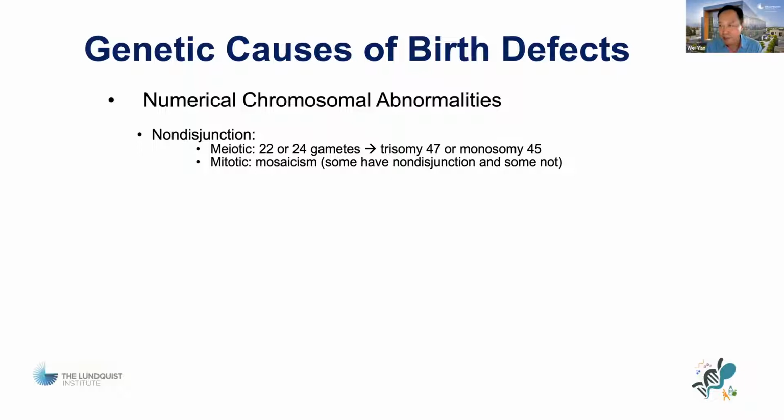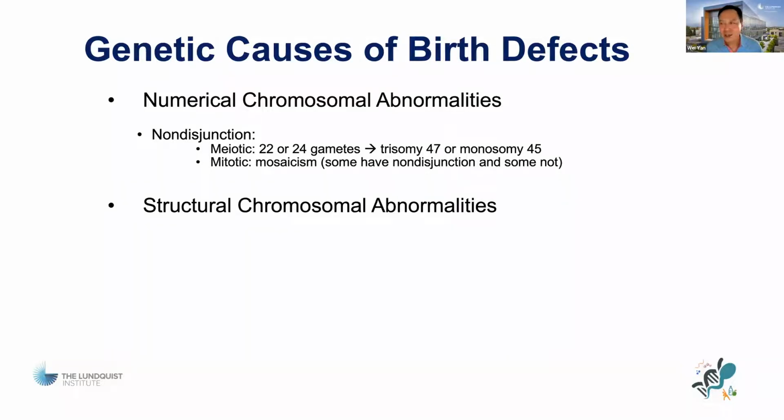If it happens during meiosis, the abnormal number of chromosomes remains in the gametes, either sperm or oocyte. If a sperm fertilizes an egg with an abnormal number of chromosomes, or vice versa, the resulting zygote develops into an individual whose every single cell has an abnormal number of chromosomes. Versus if it happens during mitosis, because it's within somatic tissue, only a certain number of cells contain the abnormal number of chromosomes.